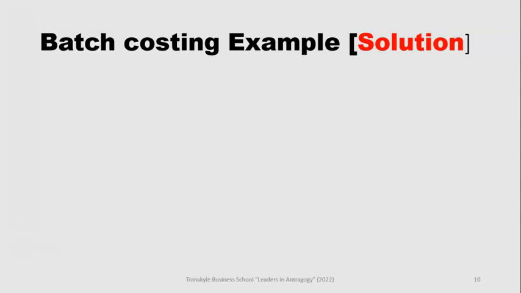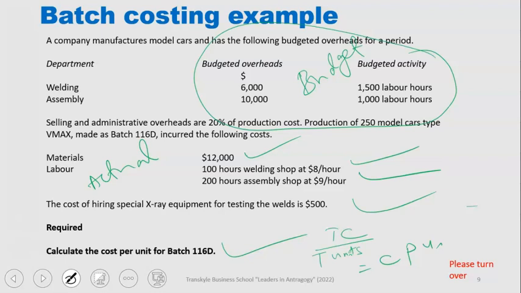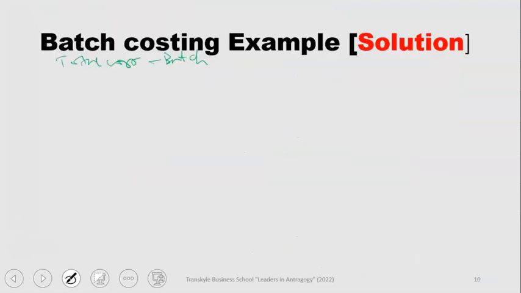The workings, that is, total cost, batch. What is the batch number? Batch 116B, and we have our dollar sign.